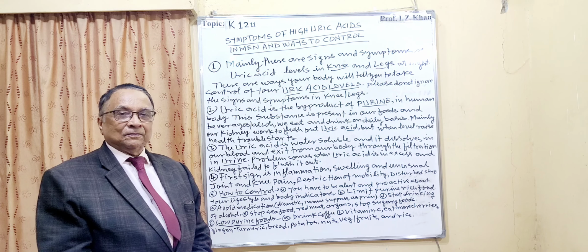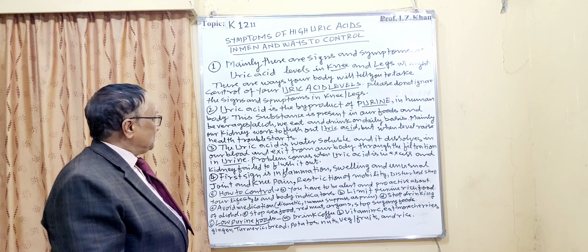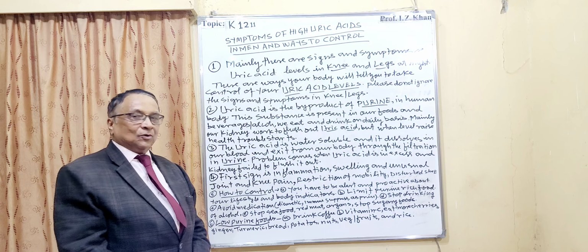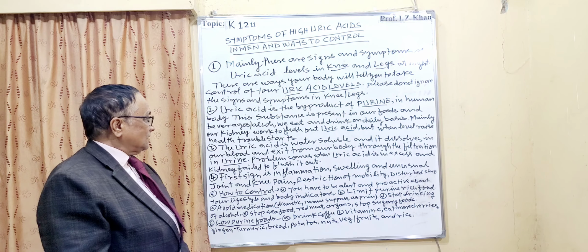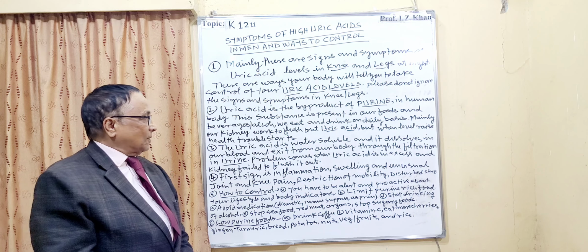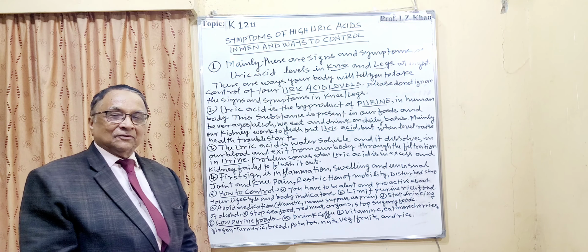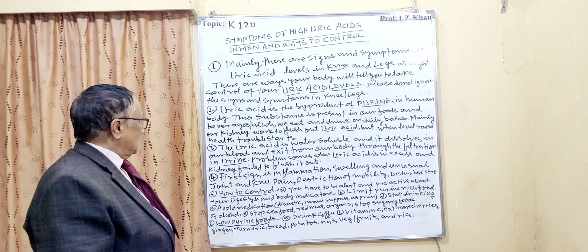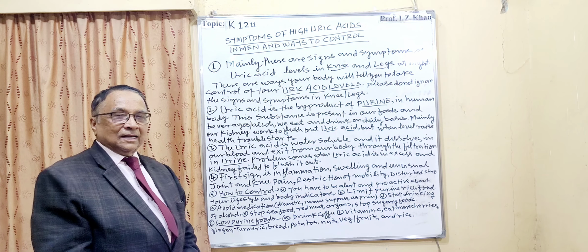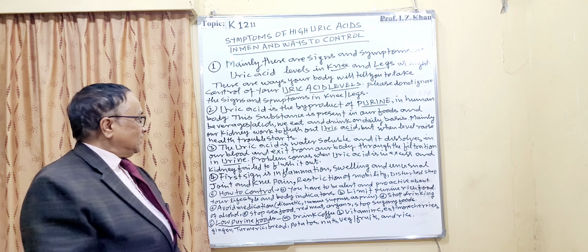Number three, uric acid is water soluble, and it is dissolved in our blood and exits from our body through filtration with the help of the kidney, in the form of urine.